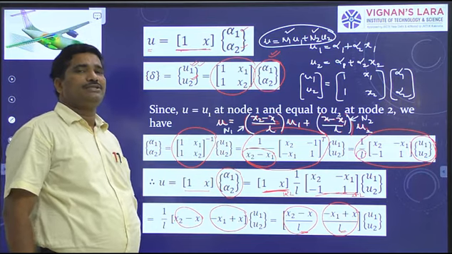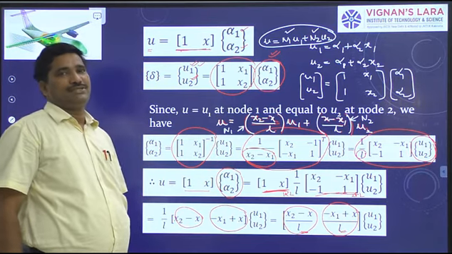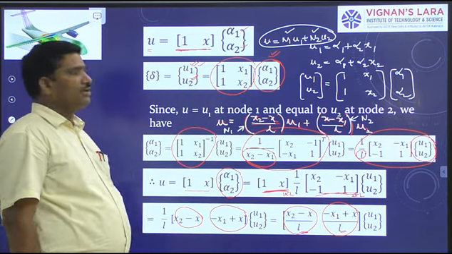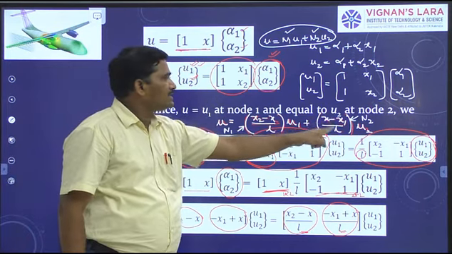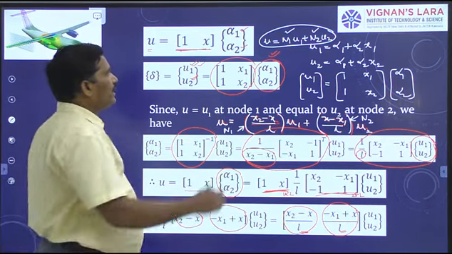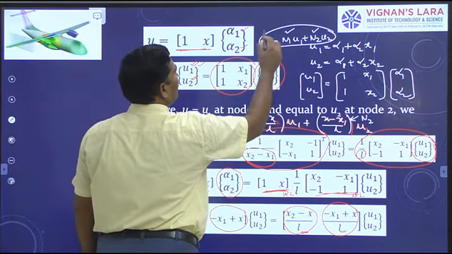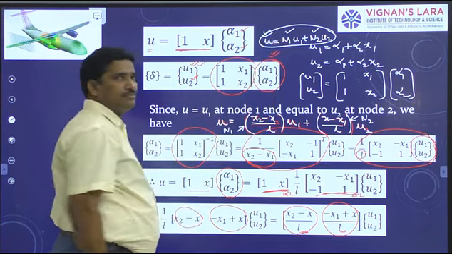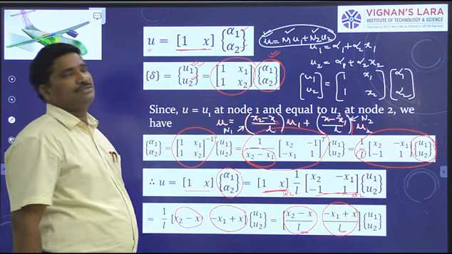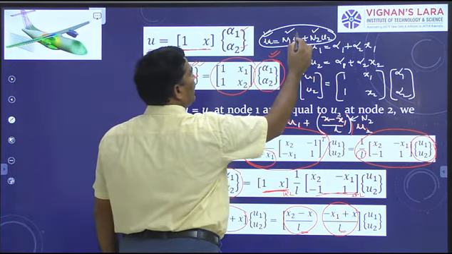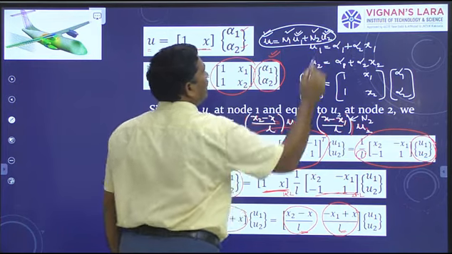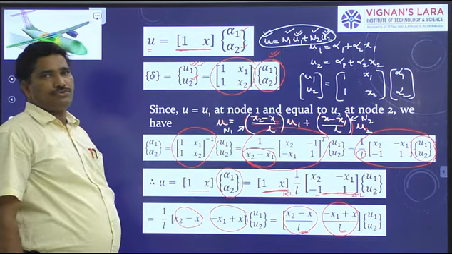Approximating functions or interpolating functions. What is N1? x2 minus x by L. What is N2? x minus x1 by L. Now what is u? It is the unknown displacement at the point of interest. What is u1? It is the displacement of node 1. What is u2? It is the displacement of node 2.